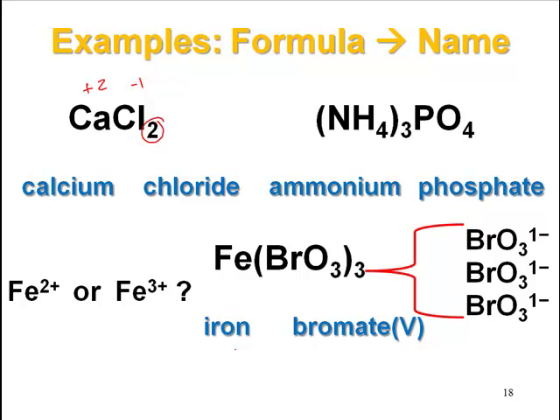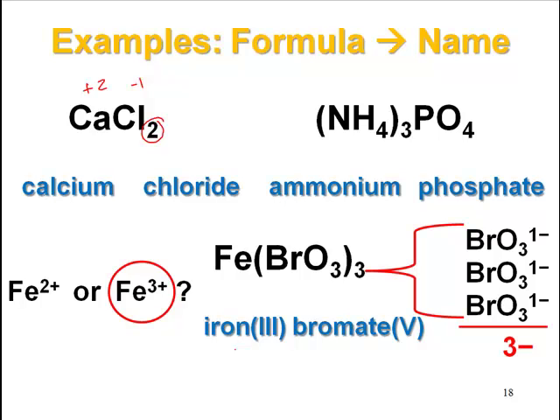All 3 of them together would be -3, or 3 negative. That means that the iron with the 3 positive charge will be the only iron that could be with this bromate. So this is iron 3 bromate.